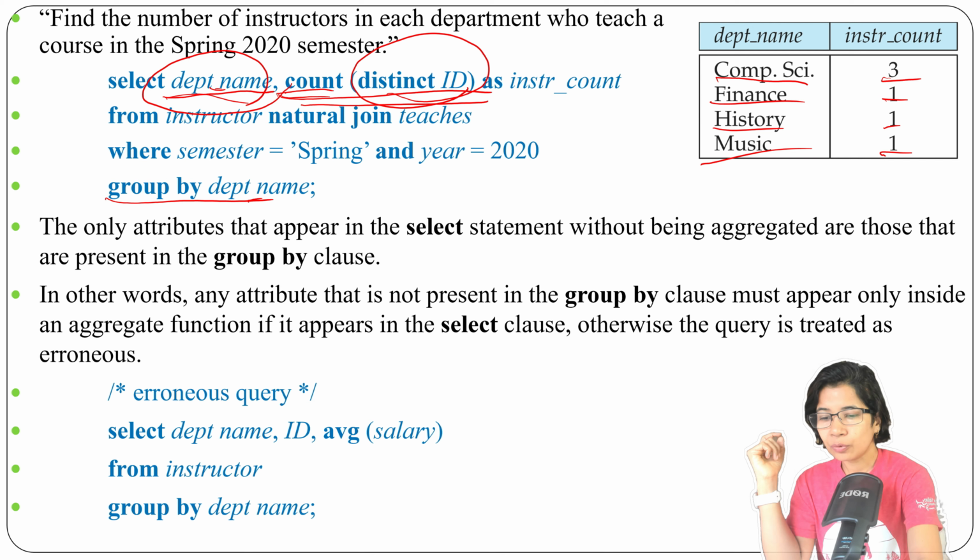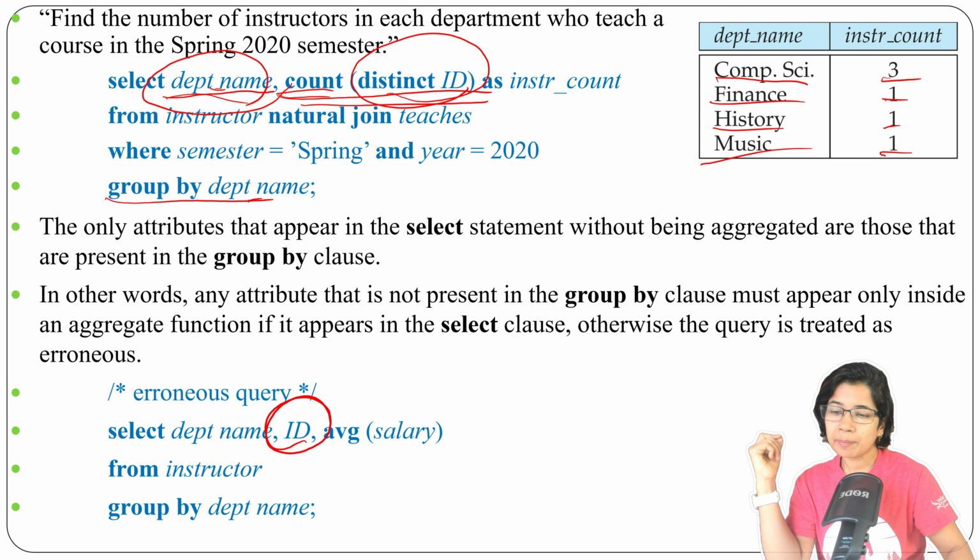So here it will group by department name, and in each department what is the average salary, where will be ID, what will be the ID value. Because department name is the group by, so in one department, suppose there are 5 instructors, it will do the average of their salary. So this is erroneous code.